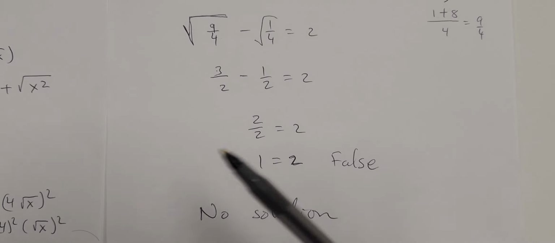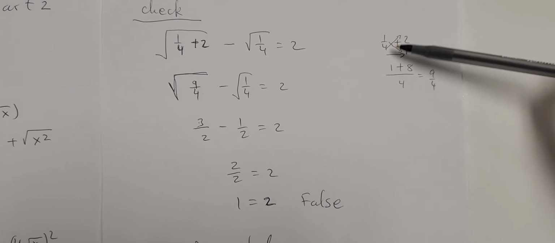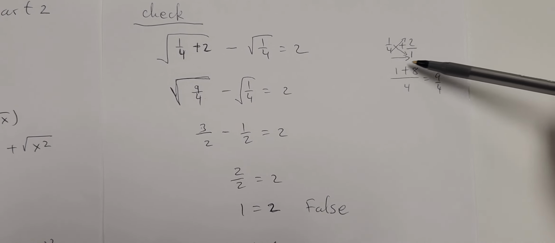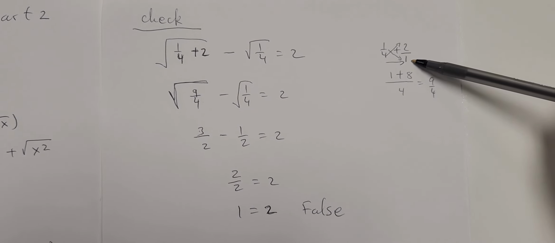Next, since my denominators are already the same, I don't need to do this part. You only do this cross multiply and under multiply if the denominators are not the same.